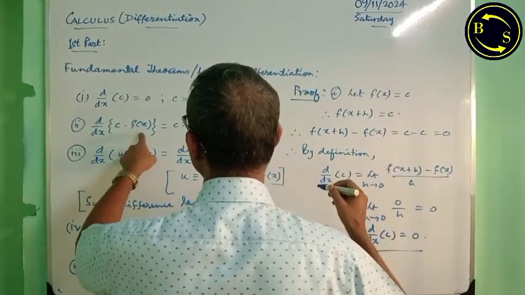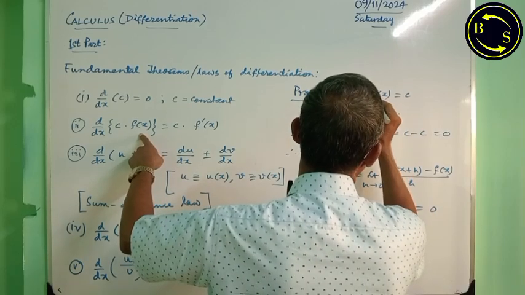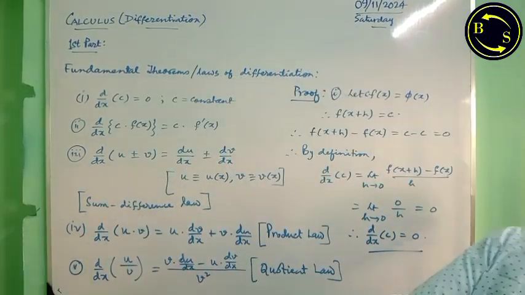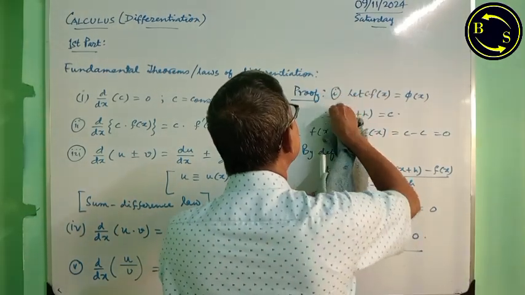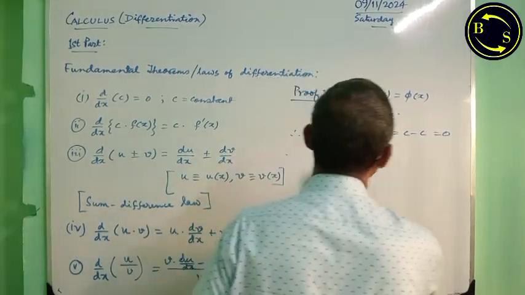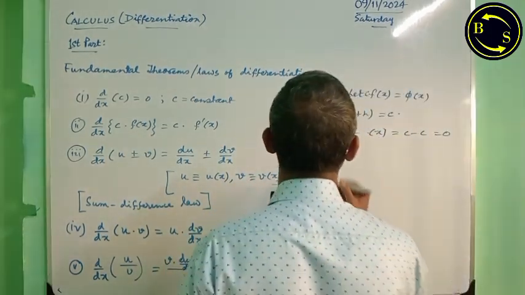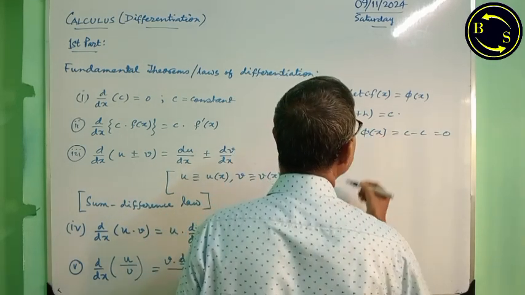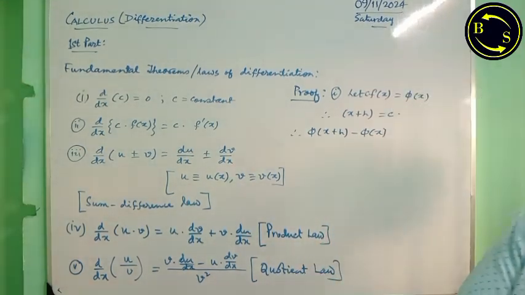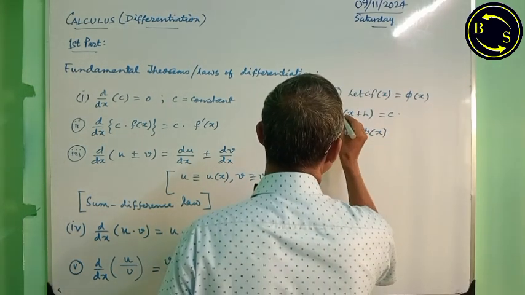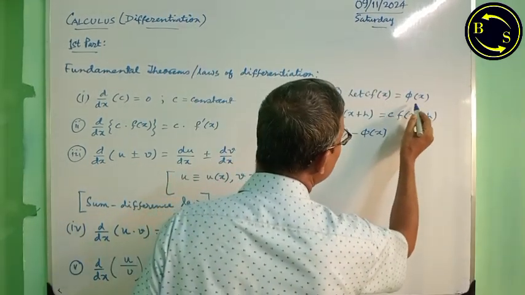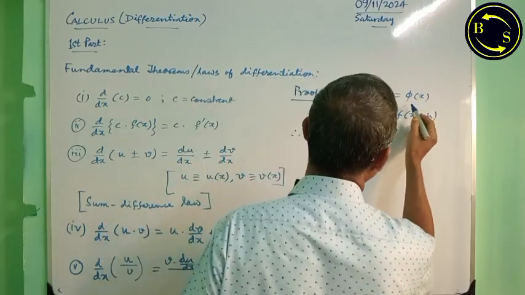Here we take c f(x), therefore let c into f(x) equal to a new variable, say phi(x).